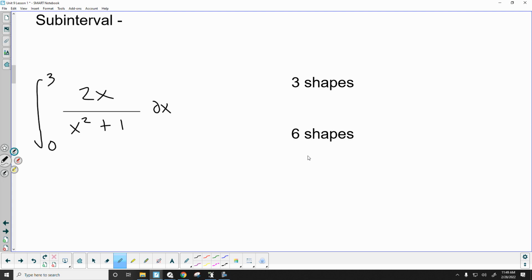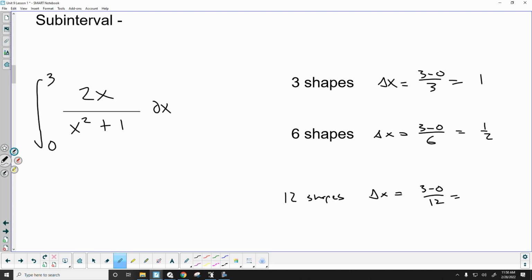Now what's happening to my objects as I'm increasing the amount of them? Let's go to 12 shapes. The objects' widths are getting smaller. 0 to 3, 3 shapes, (3 minus 0) over 3, the width is 1. 0 to 3, 6 shapes, (3 minus 0) over 6, the width is a half. 0 to 3, 12 shapes, (3 minus 0) over 12, a quarter.